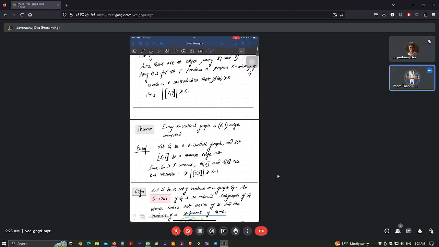Every k critical graph is k minus one edge connected, right?